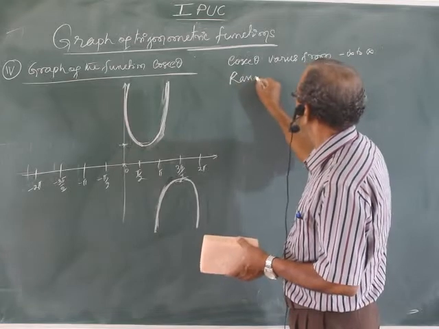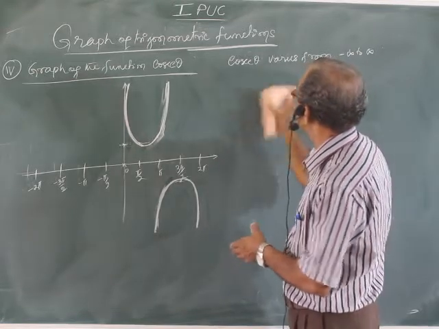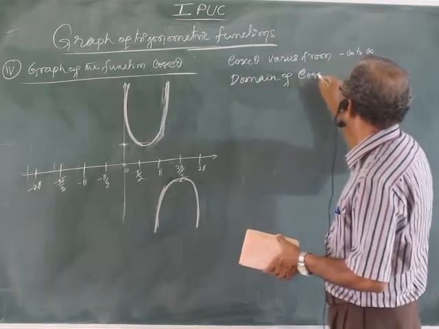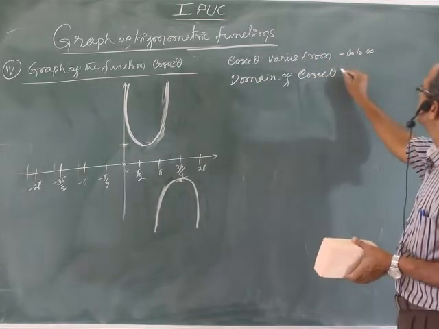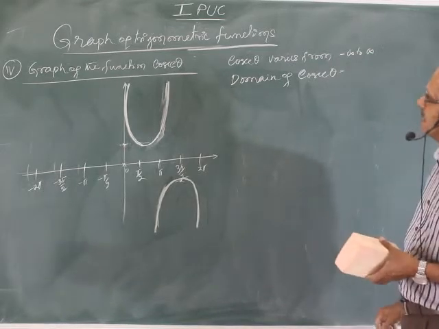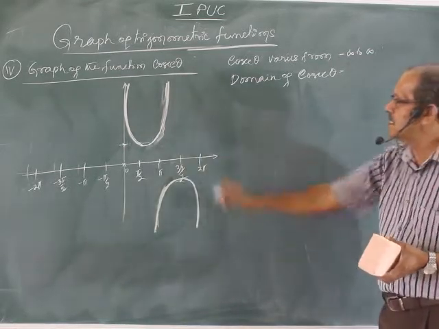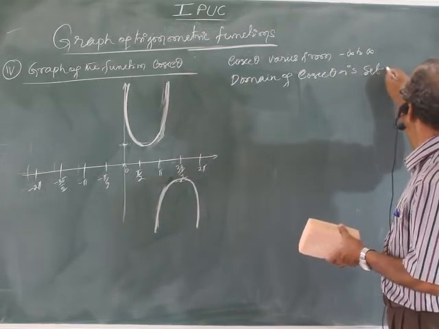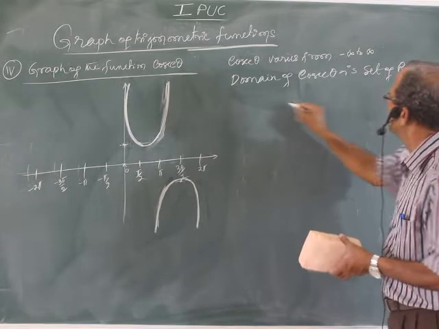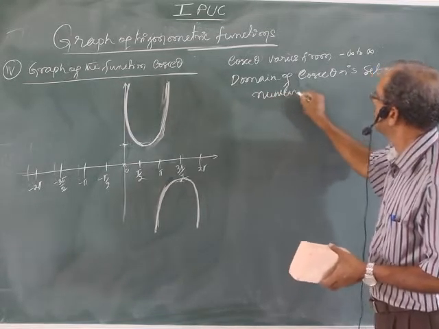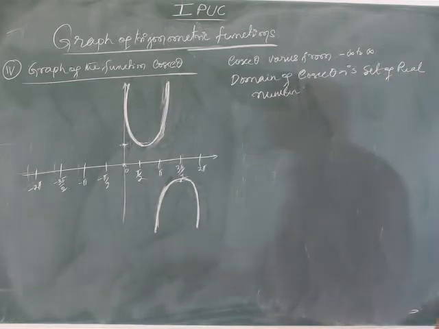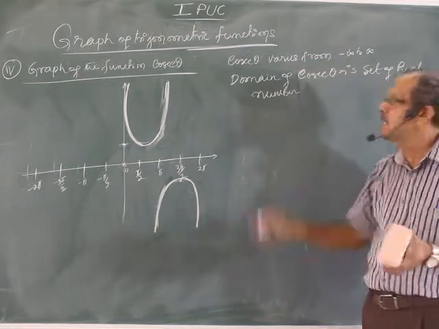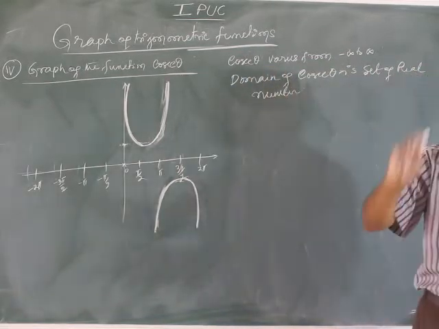Range is, or domain, first of all domain should be given. Domain of the function cosecant theta is the set of all real numbers. But remember, for convenience we have taken this infinity, minus infinity; the function is not defined if sin theta is 0.